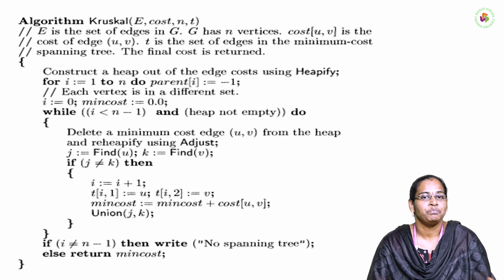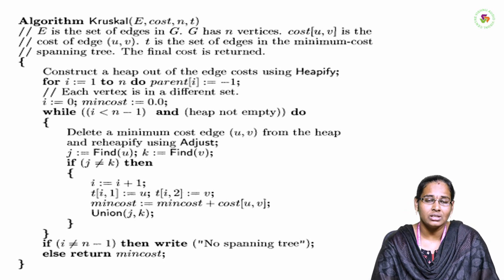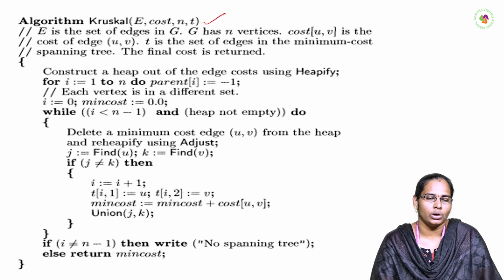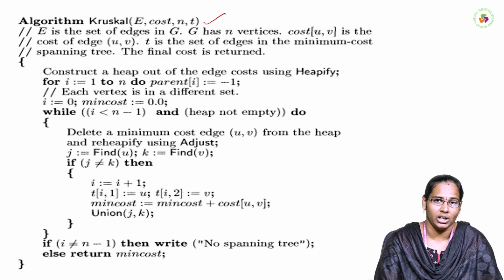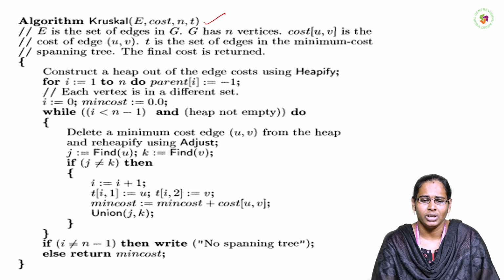Kruskal's algorithm, what are the steps we are following here, whatever the procedure we are following here, that will be mentioned in this algorithm. So, first one is the algorithm header. Algorithm header syntax is the algorithm keyword and algorithm name, and whatever parameters you are using in the algorithm will be mentioned here.